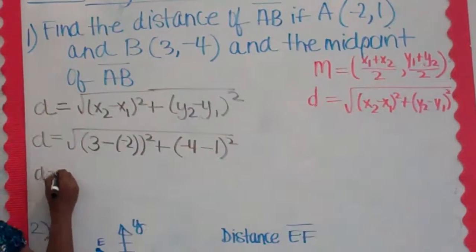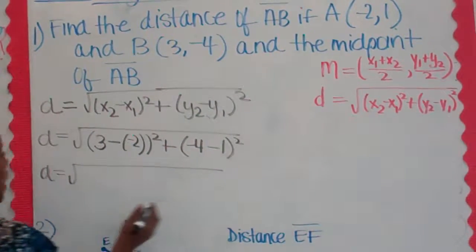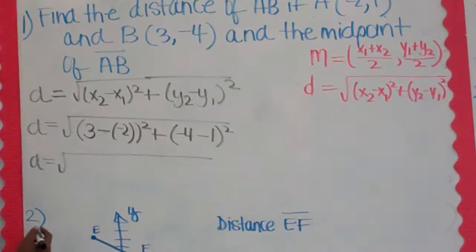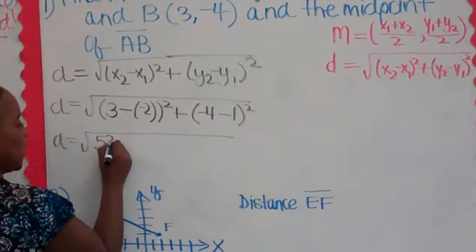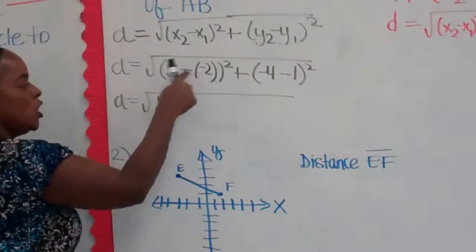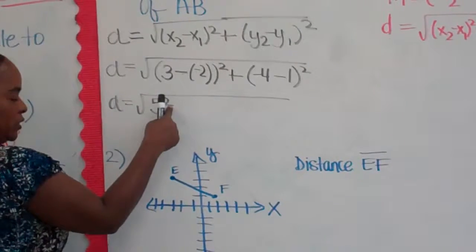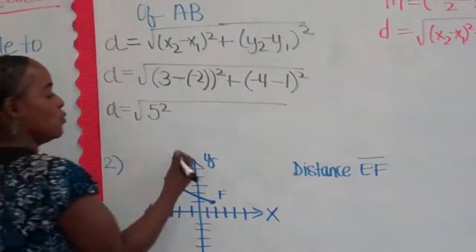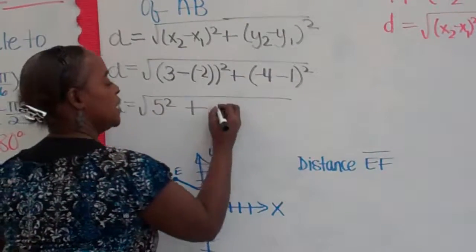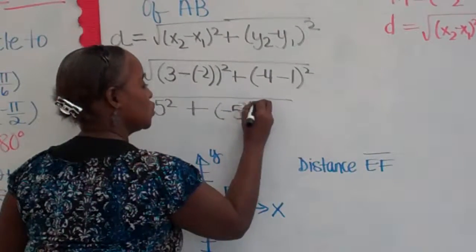So now D is equal to the square root. Now this 3 minus a minus 2 is 3 plus 2, which is 5 squared. And I can keep the parentheses around that if I wanted to. Plus -4 minus 1 is -5 squared.